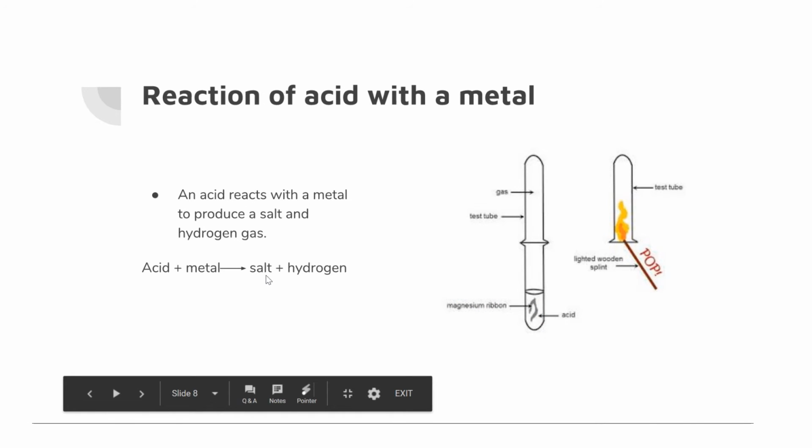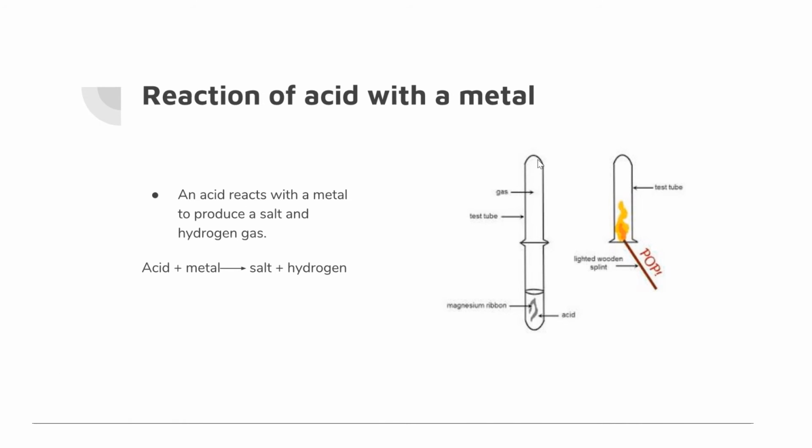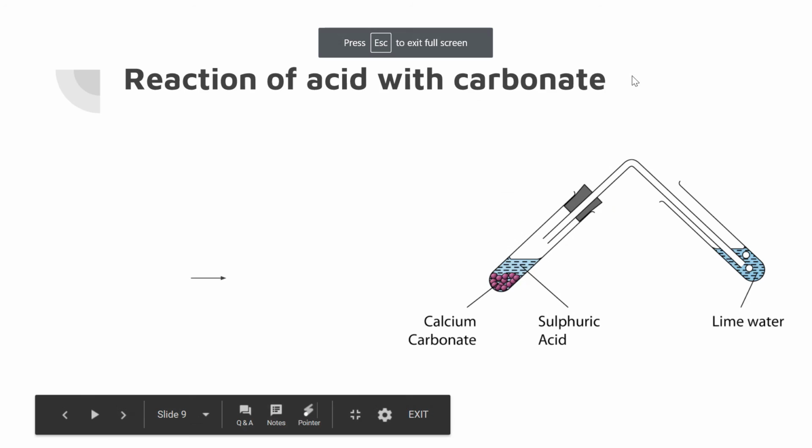It produces salt, and hydrogen gas is collected in the upturned test tube. And we do a pop test to detect the presence of hydrogen gas. So acid reacts with the metal to produce salt and hydrogen gas.